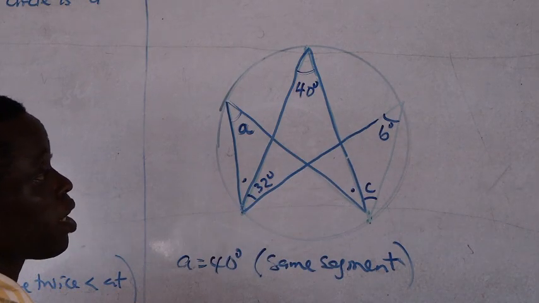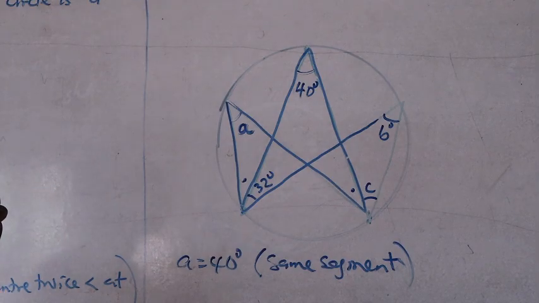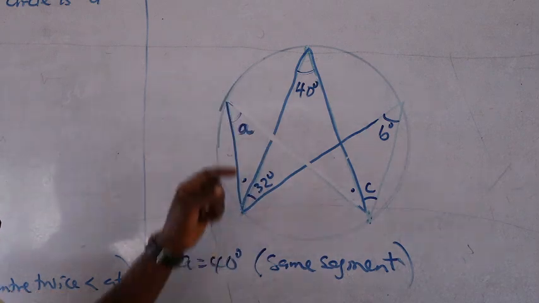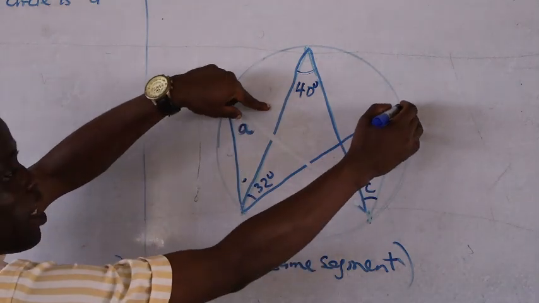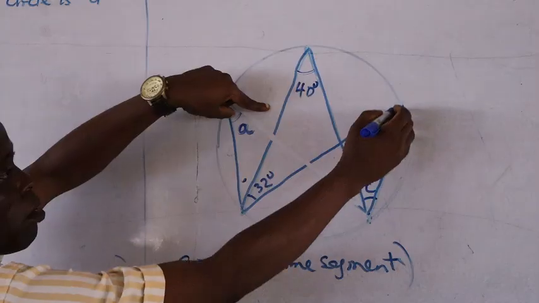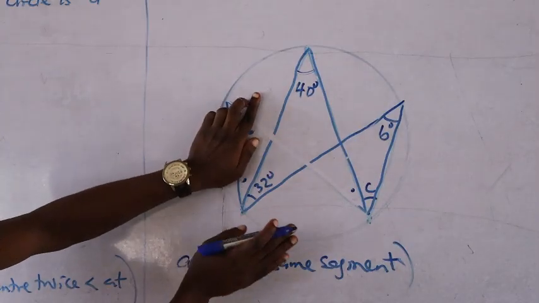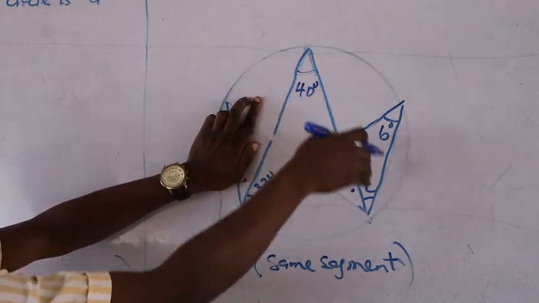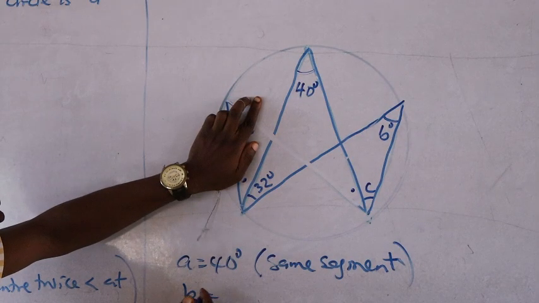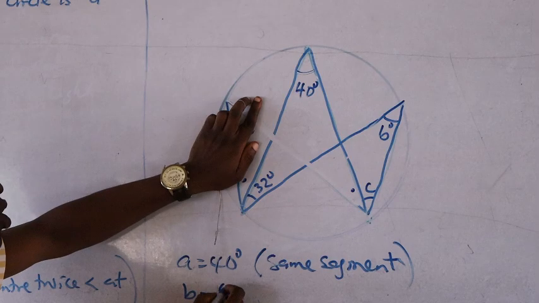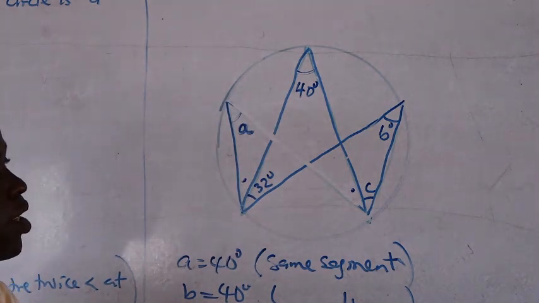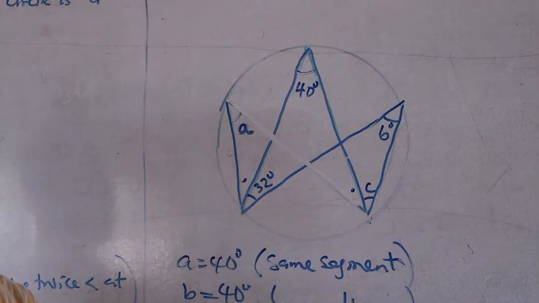Then after that, let me add the full diagram back. If you clean this, you still have that angle. Look at the angle that I'm talking about. Can you see that angle? B is what? It's also 40 degrees, and the reason is the same, same segment. Well, what is now C?